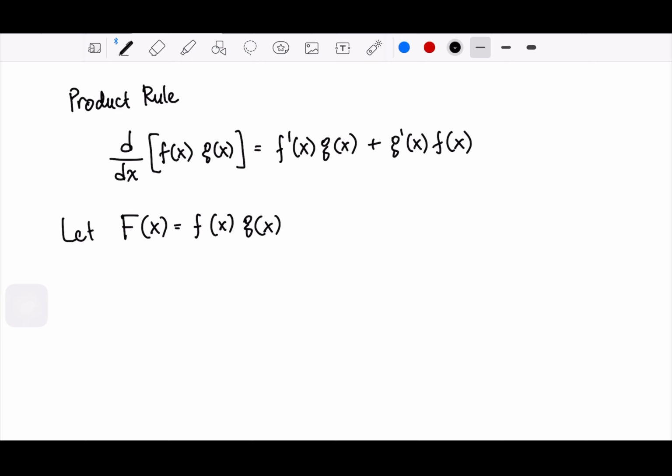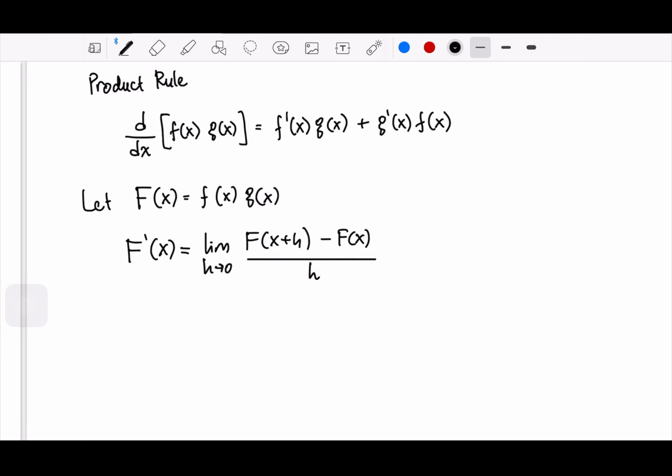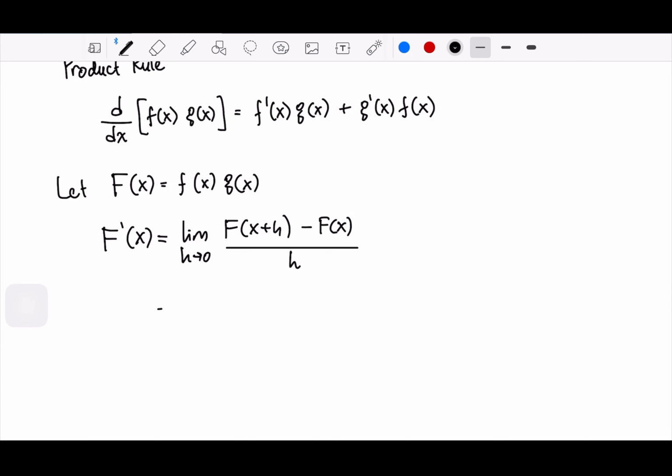I will use the capital F. By using the definition of a derivative, we can take the limit and write down the formulation. And then we exchange in the f and g, all the terms.